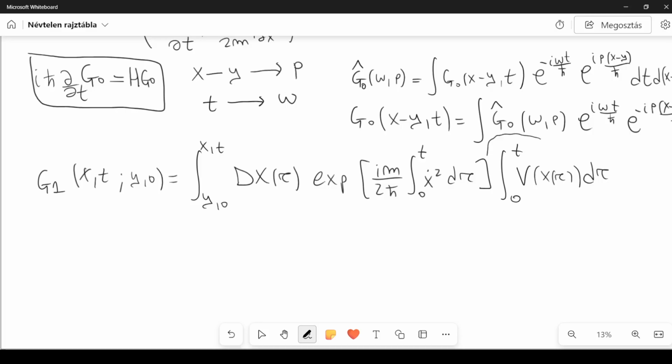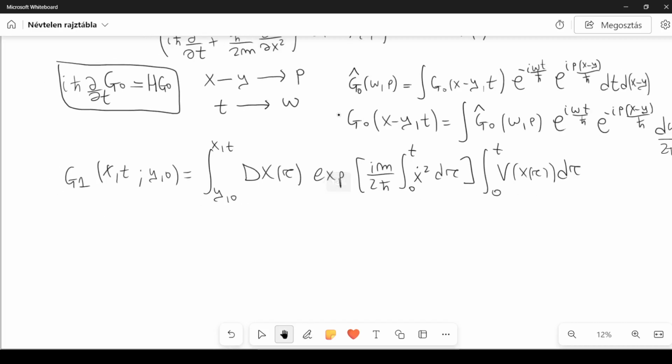So we have this additional term in the definition of g sub 1. Now, in order to carry out this integration in some meaningful manner, of course, we are going to discretize this path integral, and we interchange the order of integration and path integration.